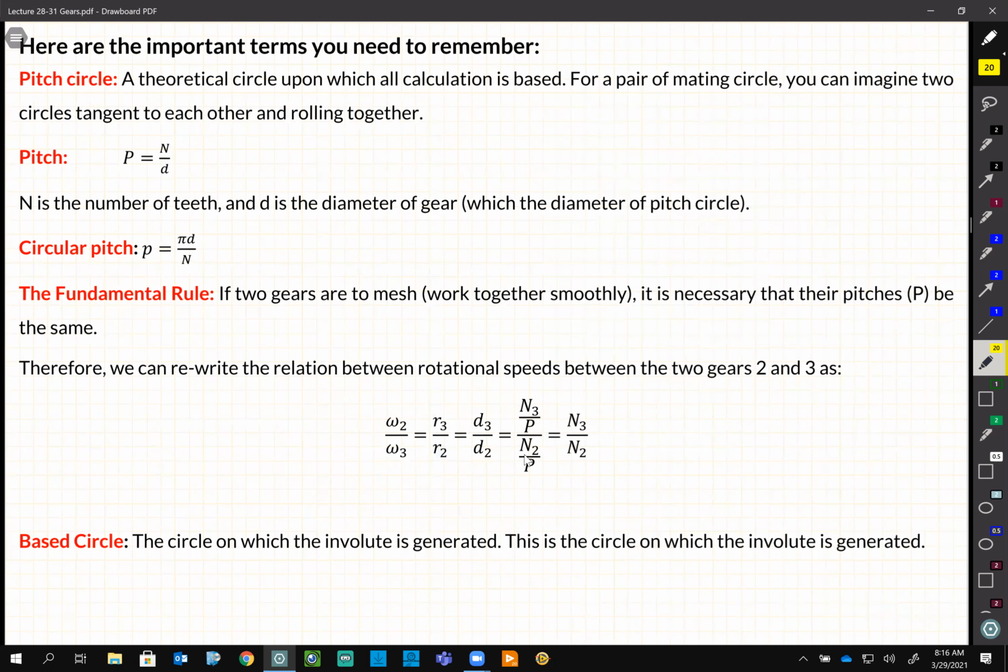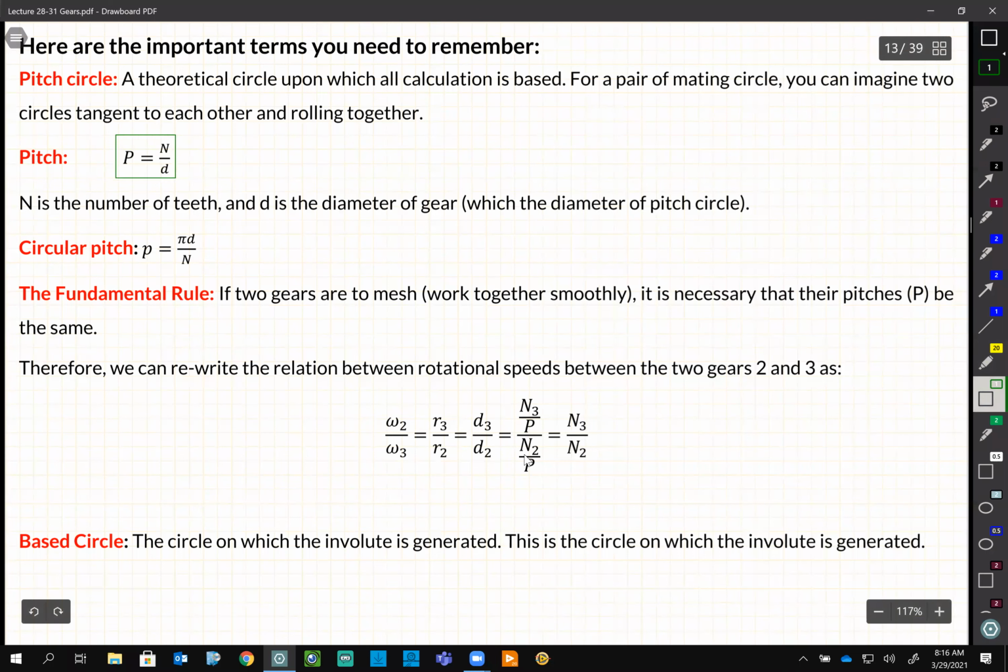So let's summarize. We know what a pitch circle is. One very critical parameter for each gear is pitch. In a catalog, when you buy gears, this is a number you will see: pitch. They say, okay, this gear has a pitch of 10, 5, 20. And what is pitch?